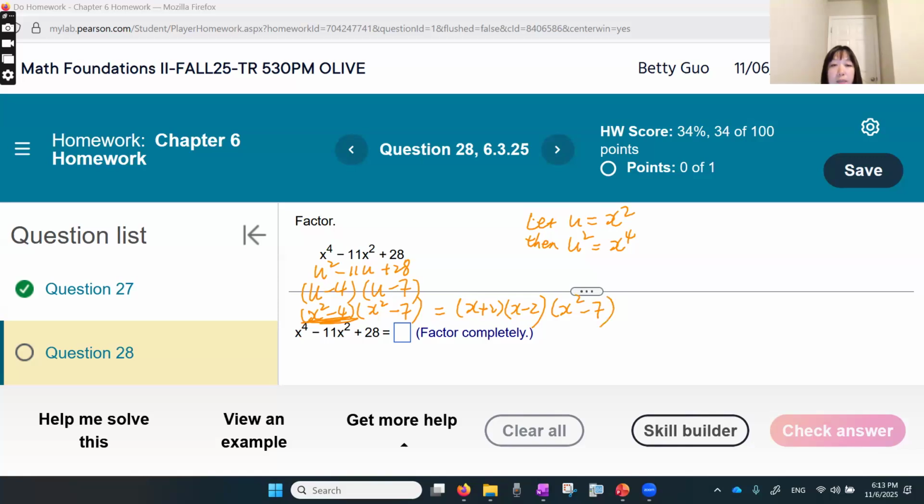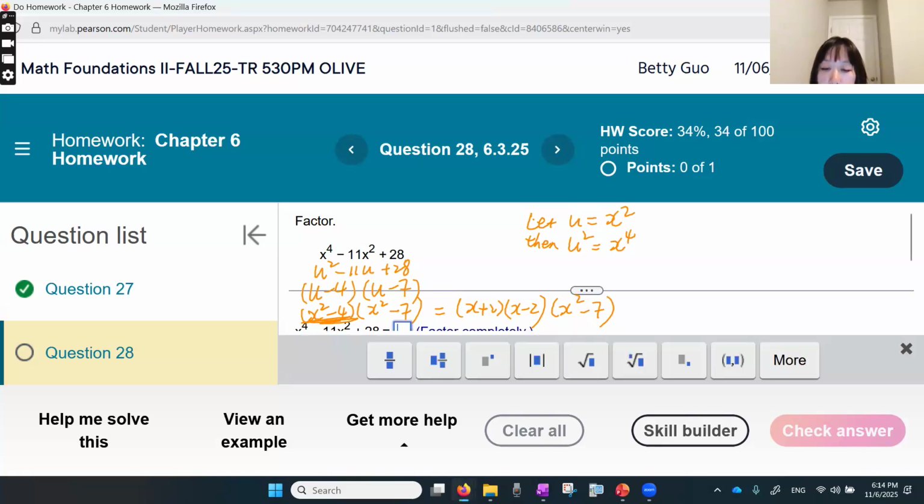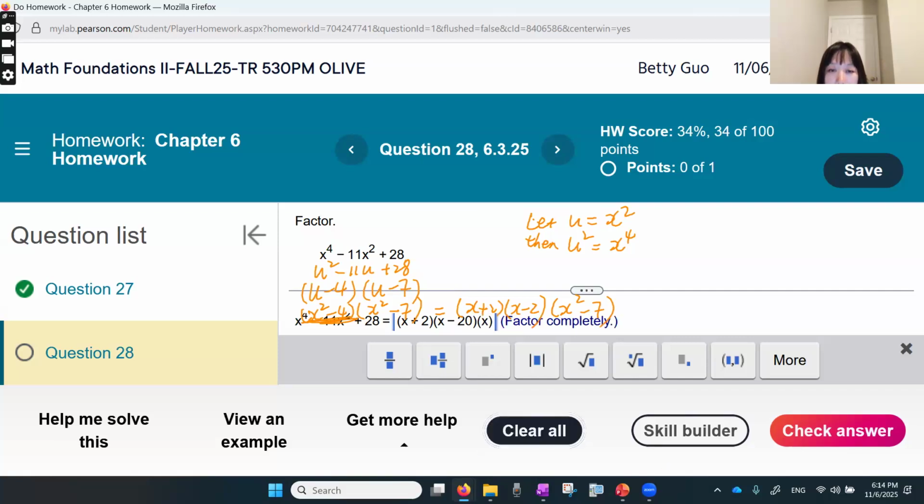And that is complete. This one is challenging, but you can email me. It's really just one question. So we have 3 parentheses: 1, 2, 3. x plus 2, x minus 2, x squared minus 7.